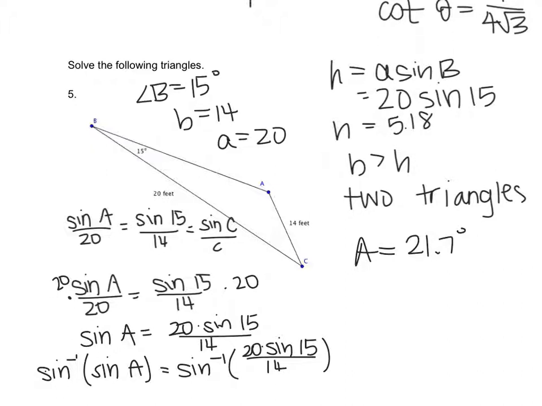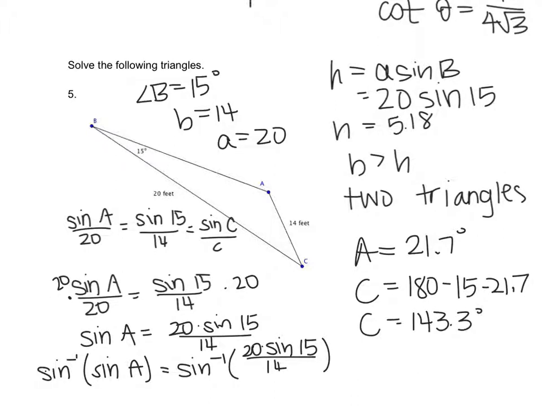Now we can find angle C by doing 180 minus 15 minus 21.7. So we get C can equal 143.3 degrees.